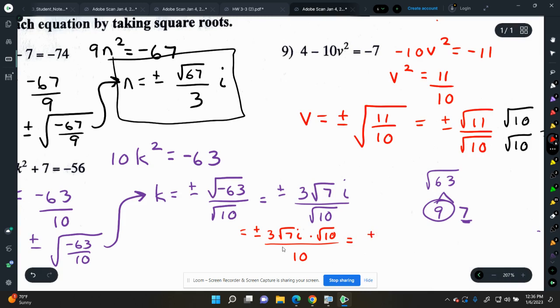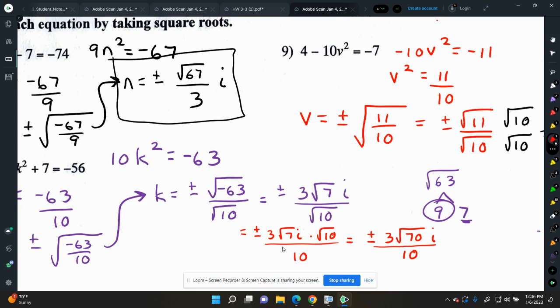So we need to multiply everything together up here. I've got plus or minus 3. I can multiply my square roots, so I end up with the square root of 70i over 10. We cannot simplify that any further.